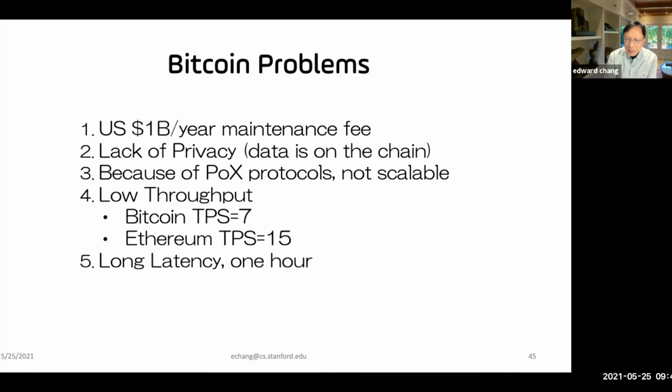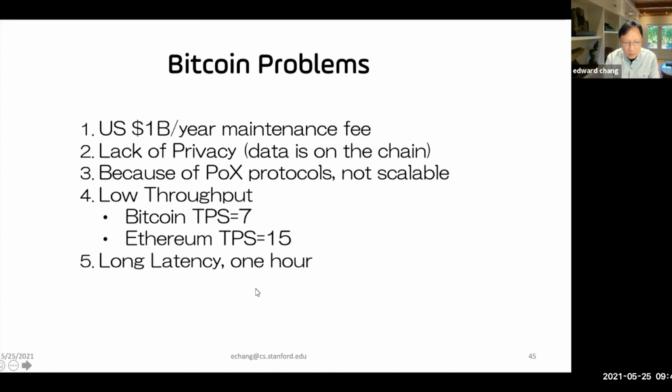So now you say, Edward, are you kidding? You want to put medical data on the chain, so you want to put medical data in public. I will come back to address the issue shortly. It also uses a proof of work protocol, which means you want to solve a puzzle, and this is very expensive, and finally low throughput, right?